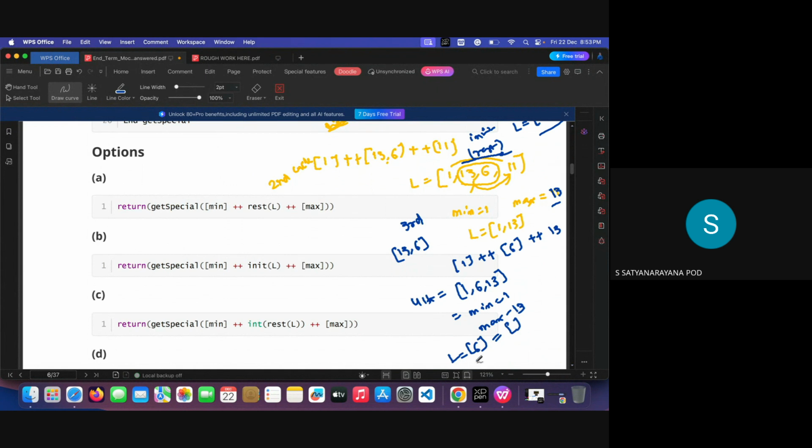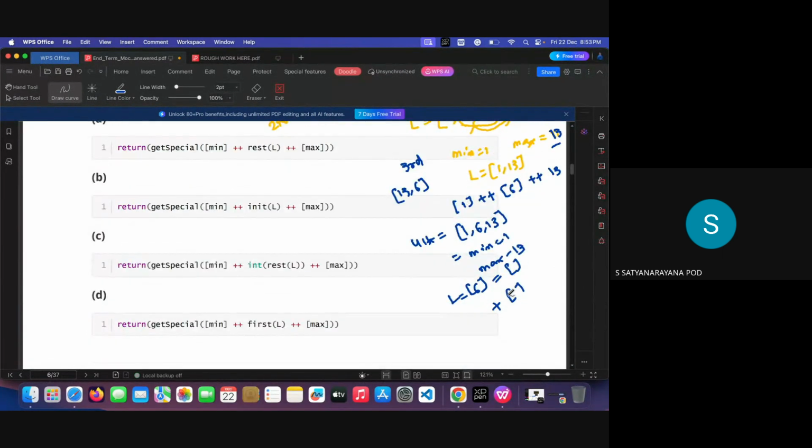My L is already 6, so what is my rest of L? Is there anything? No, sir. So empty list. Whenever an empty list is there, again this one is called. So empty list plus the minimum element is 1 and the maximum element is 13.